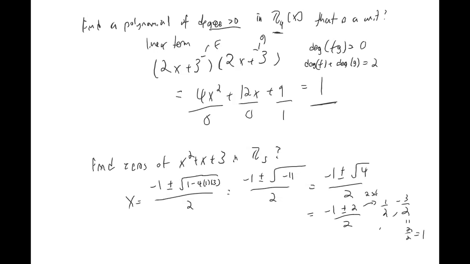What is 1/2? What does half mean? What does dividing by 2 mean in Z mod 5Z? Dividing by 2 in Z mod 5Z is multiplying by what? By 2 inverse. Does everyone agree?